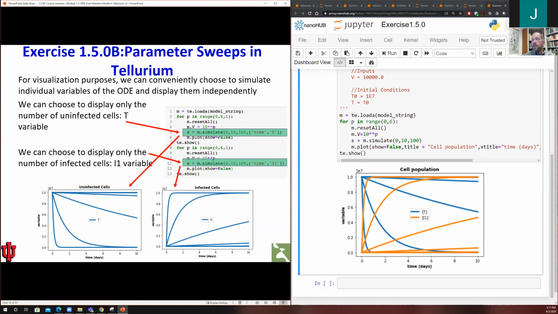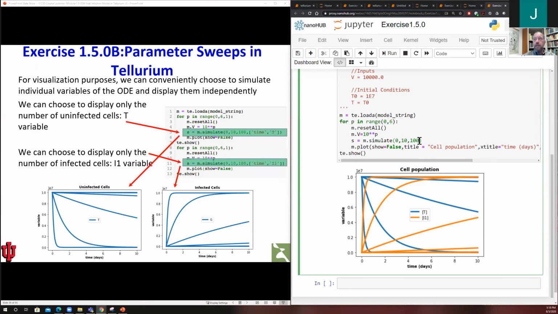So one of the things in this simulation that we've seen is that we have both the number of uninfected cells and the number of infected cells showing up at the same time. And that's a little bit hard to see on one plot. So Tellurium has a very simple way to select columns without having to do slicing.